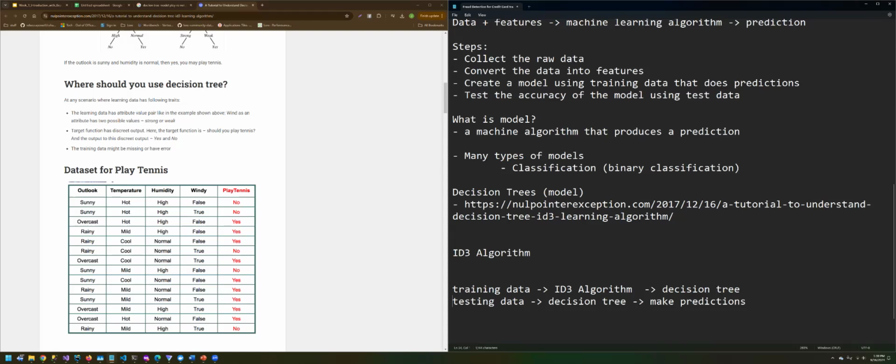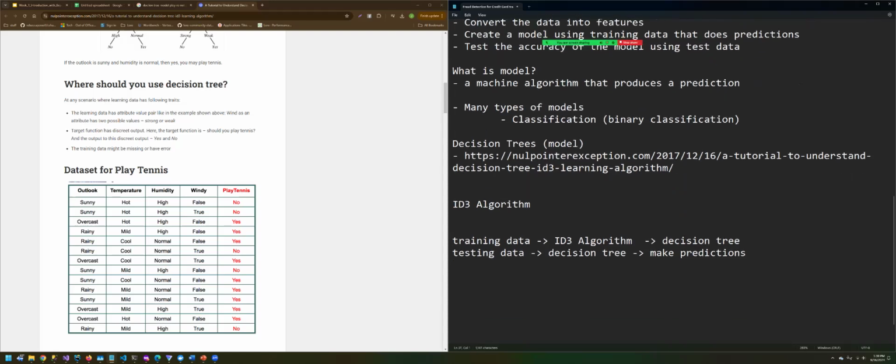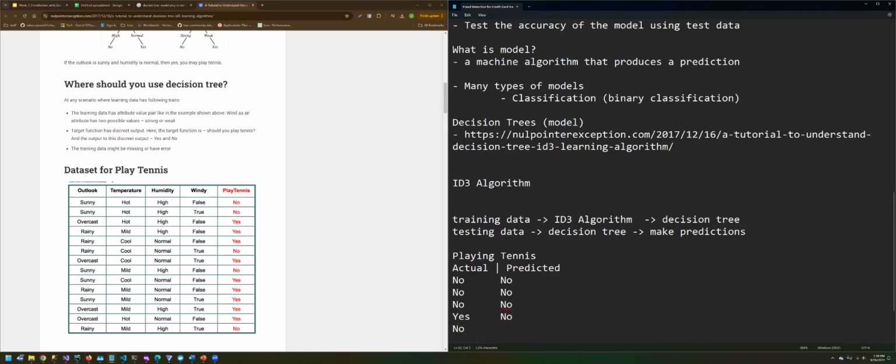And so your predictions may look something like this. So you'd have actual and then predicted. And if the actual was no, and this is for playing tennis, okay? We're going to just stay with the example that's on this page. And so the predicted is no, no, no, no, no, yes, no. So this will be something like this.